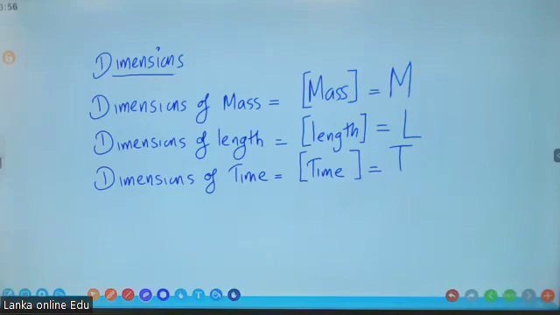Quickly represent this. Dimensions of mass, capital M. Dimensions of length, capital L. Dimensions of time, capital T.